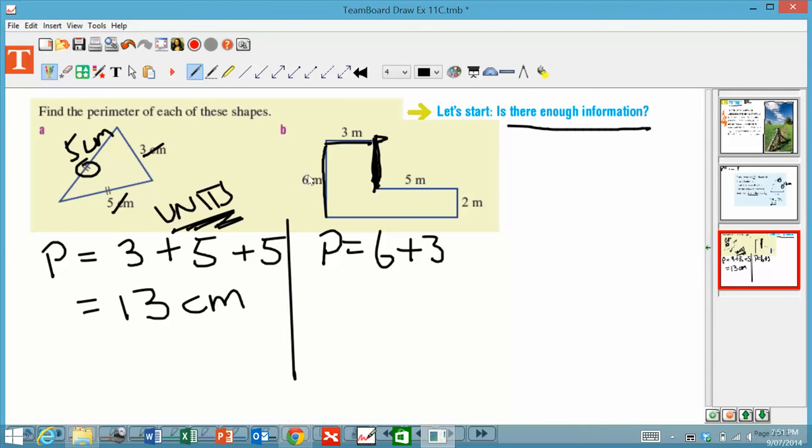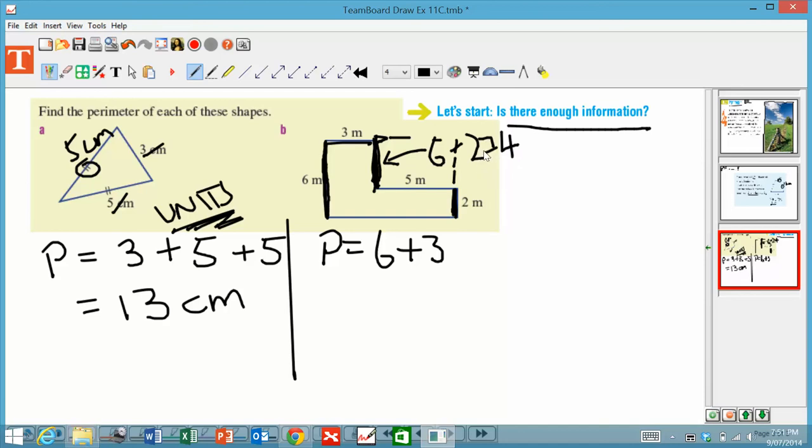We know that that is 6. Do we know this little section? Yes, that is 2. So if we extended that out, all up 6 centimeters, then in here must be 4 centimeters. So it's basically the 6 minus this 2 that gives us that 4 centimeters.